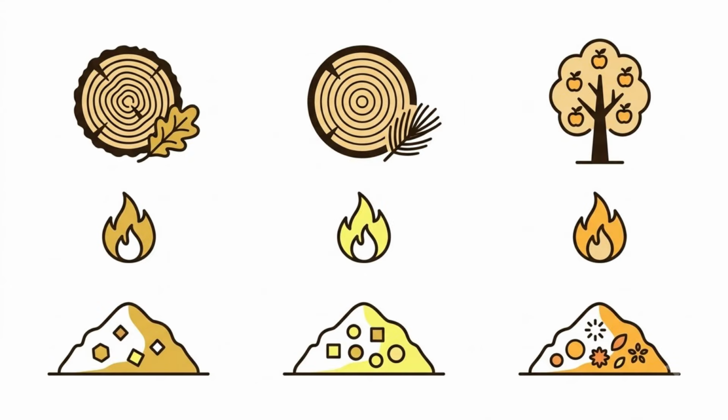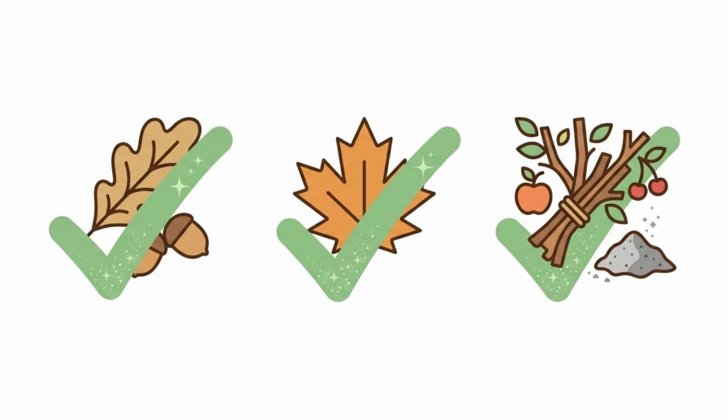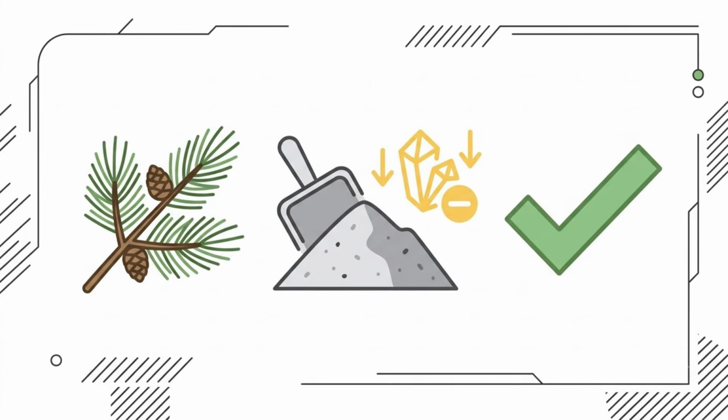The exact composition varies with the species of wood burned. Hardwoods produce more ash per volume than softwoods, and the ash from hardwoods has a higher mineral content. Oak, maple, and fruitwood ash are the richest. Pine and other softwoods produce less ash and slightly lower mineral content, though they are still useful.